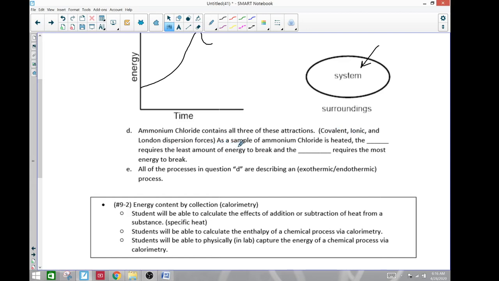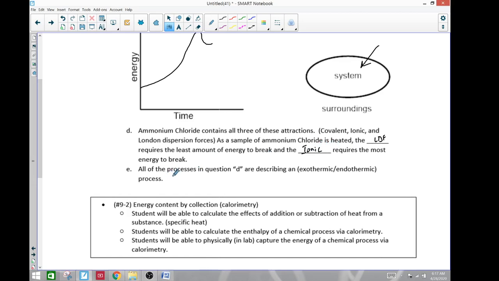As a sample of ammonium chloride is heated, the blank requires the least amount of energy to break. Okay, so that's the London dispersion forces that require the least amount of energy to break, and the ionic requires the most energy to break.